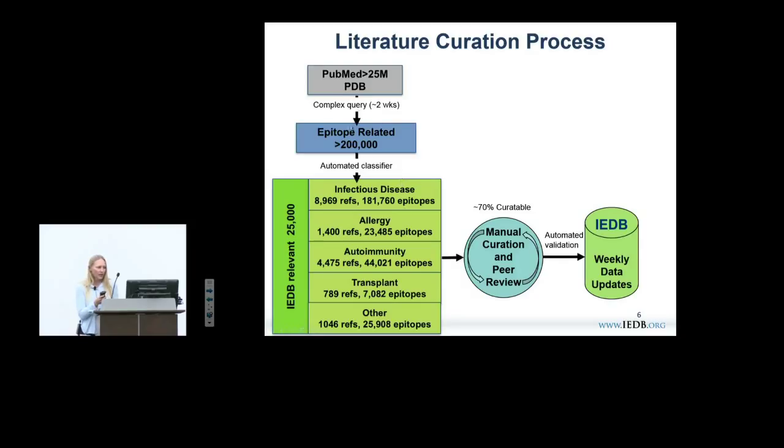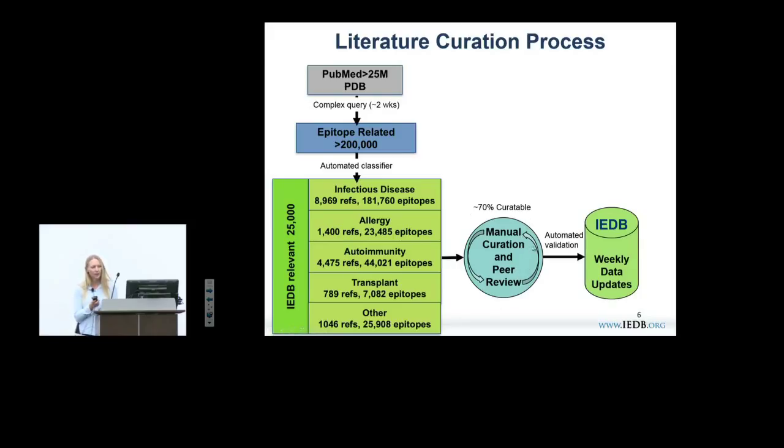So we then classify all of the references we retrieve from PubMed using an automated classifier that determines, are they within our scope and are they likely to be curatable? And that means they have enough data to be put into the IEDB. So we classify the epitopes by category, and then we give them to the curation team.